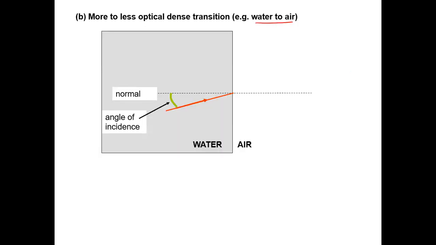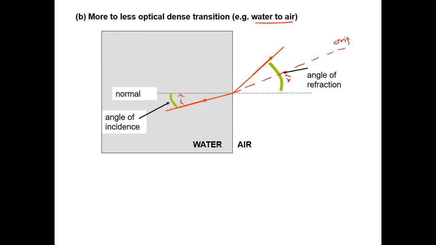Now we have to look at the second case, when the light is traveling from dense to rare medium, let's say from water to air. So let's say light is starting from the dense medium, which is water, and going into air. You can see clearly that the angle is greater. This was the original path of the light, the dotted line.